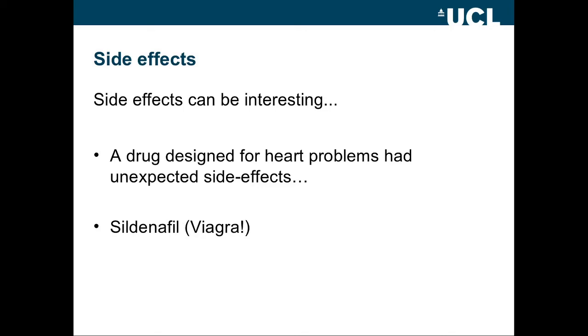Now, from a pharmacological point of view of what this was trying to do, the aim of sildenafil was to open up blood vessels to relieve the angina, but in fact it ended up interacting with a related protein that opened up blood vessels in different parts of the body.